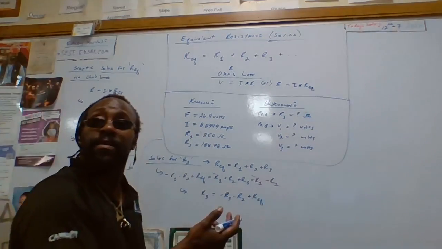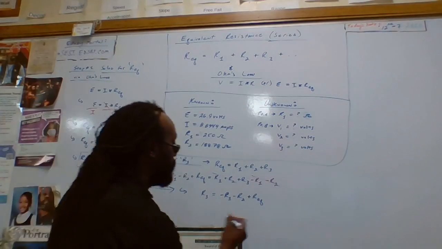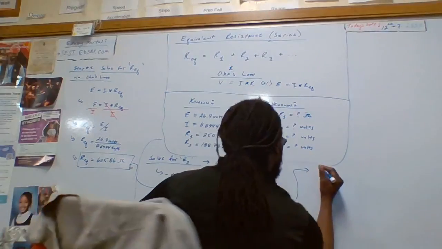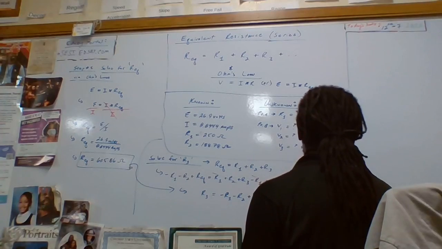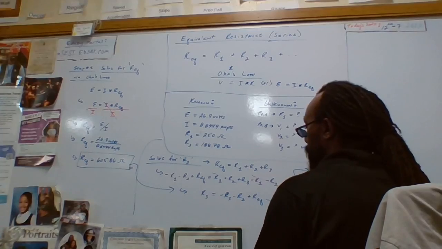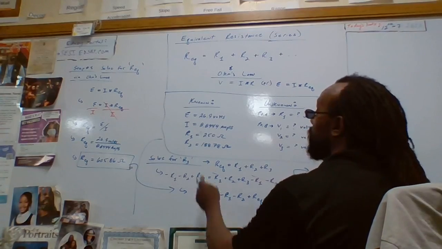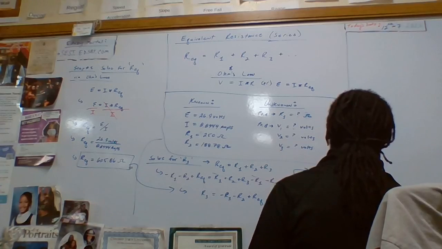So let's plug in the values, because we got REQ now. We're going to take that and use it here. So what does that look like? Well, that becomes simply R3 is equal to, so minus, use parentheses, what was our R1? That was 250 omega.